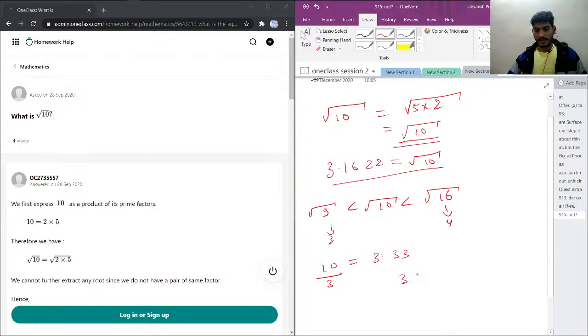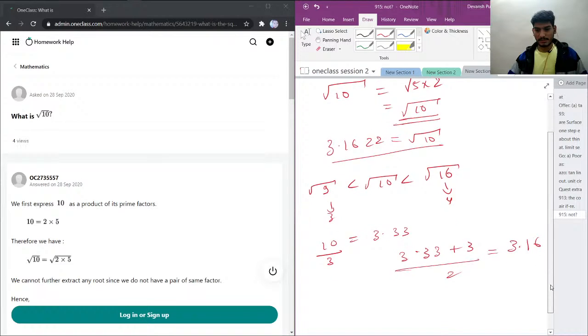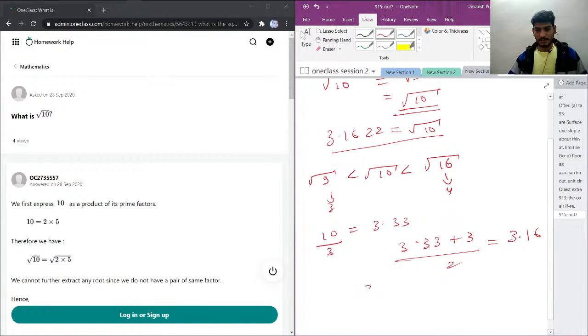And I will take the average of 3.33 and 3. This will become 3.16, and let's check the square of 3.16. 3.16 square will be 9.98.